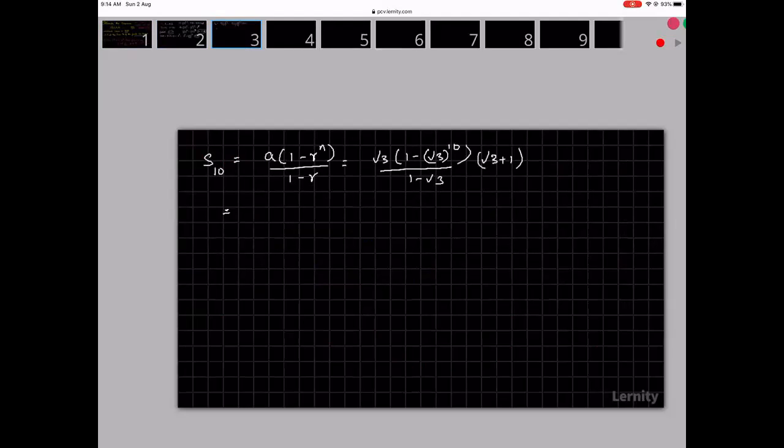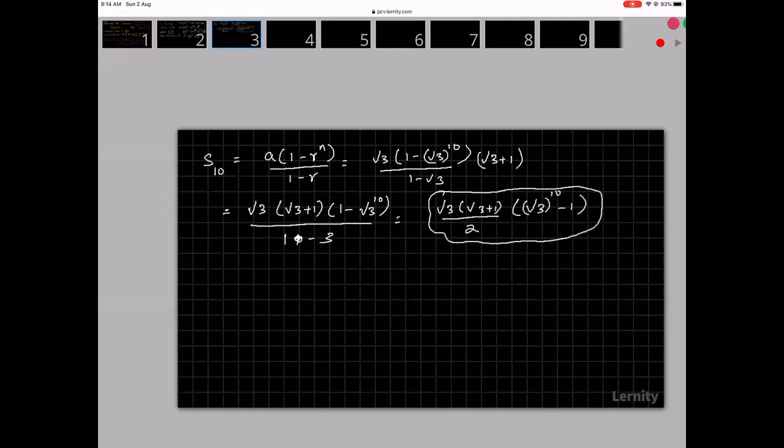So it becomes root 3 into root 3 plus 1 into 1 minus root 3 power 10, divided by 1 minus root 3 squared. When I simplify, it will become root 3 into root 3 plus 1 by 2 into root 3 power 10 minus 1. So this will give you the sum of the first 10 terms.